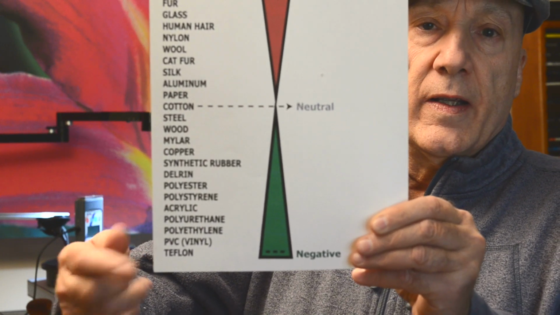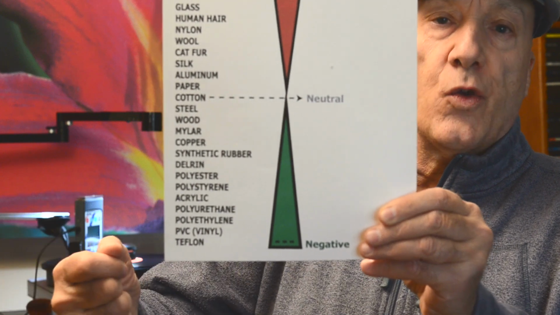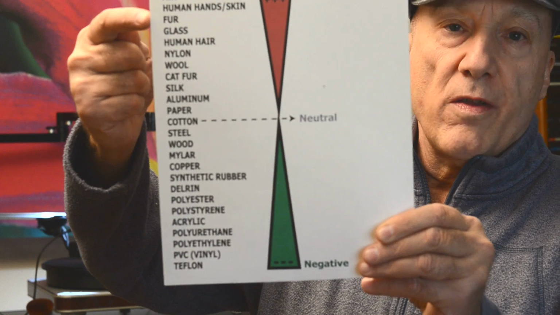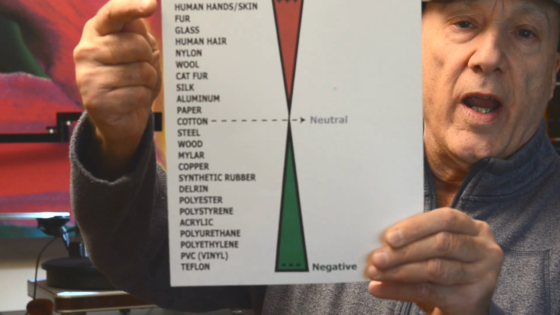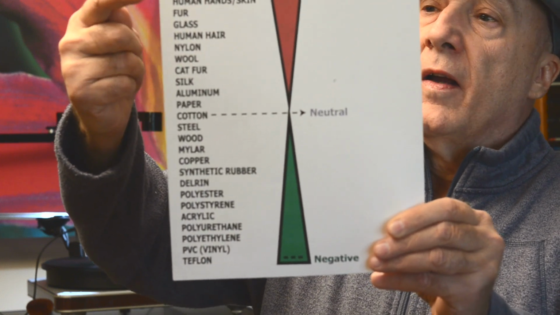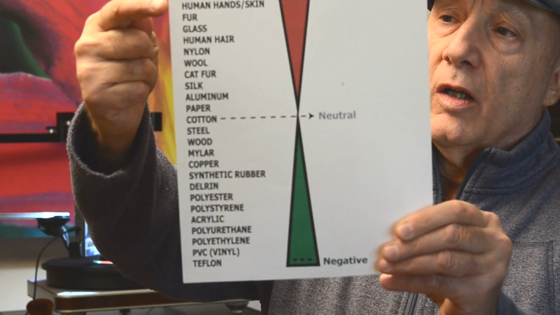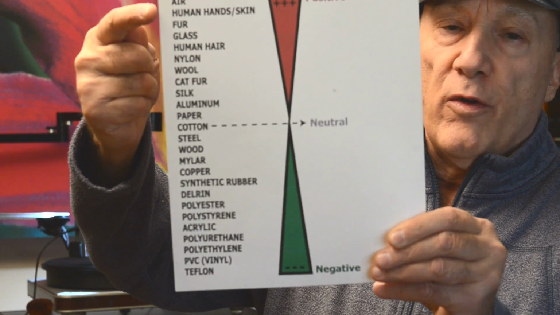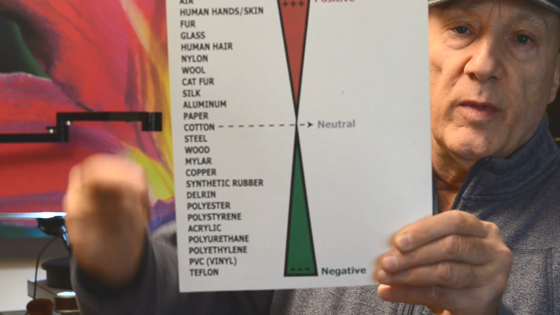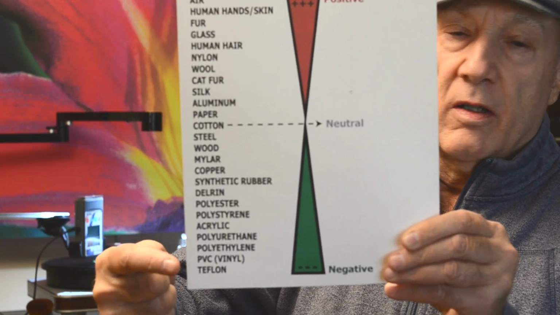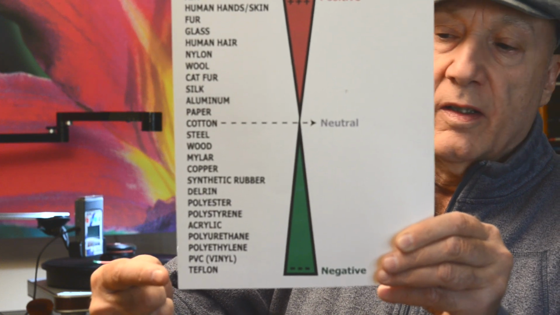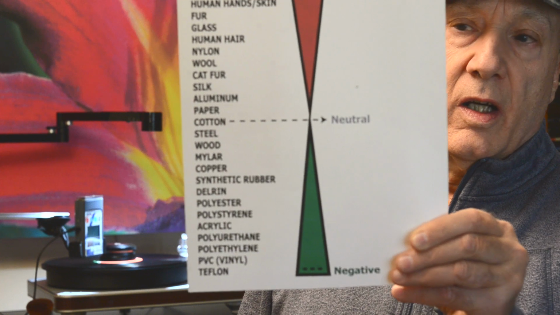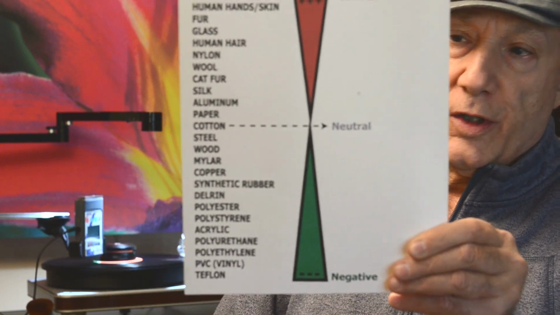Therefore, it likes to take in electrons and charge negatively. And on the other end of the spectrum, we have air, human hands, skin, hair. These lose electrons and get highly positive. So the farther away the two materials we're comparing are on this list, the greater the potential difference can be as far as static charges are concerned.